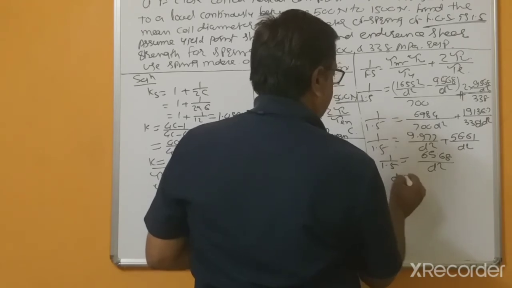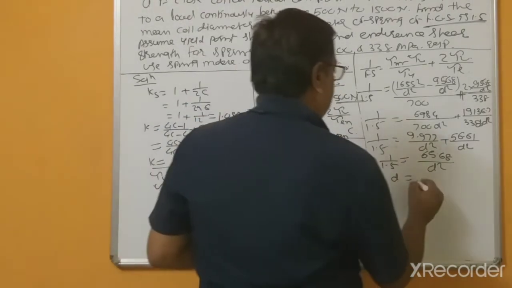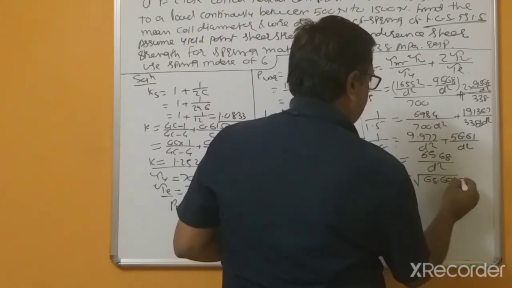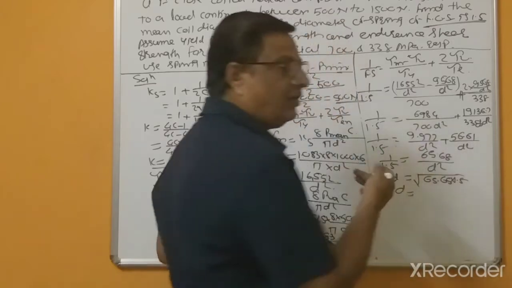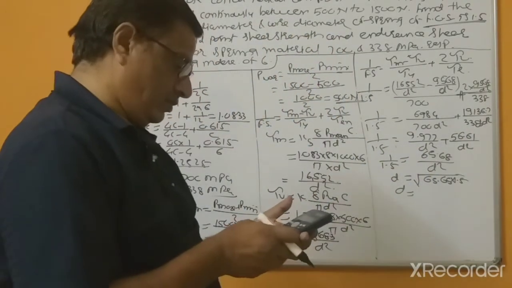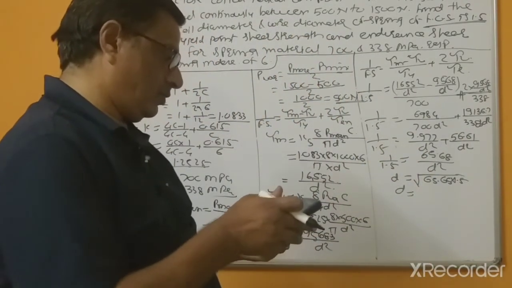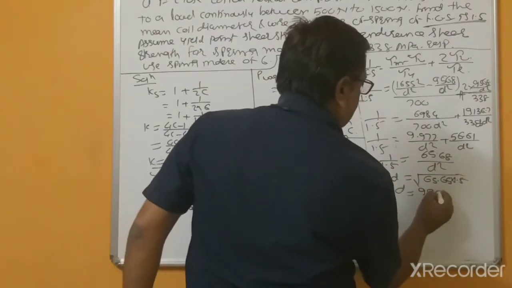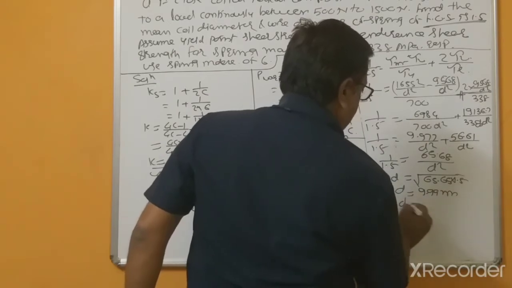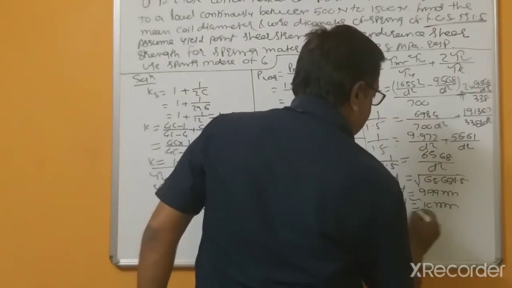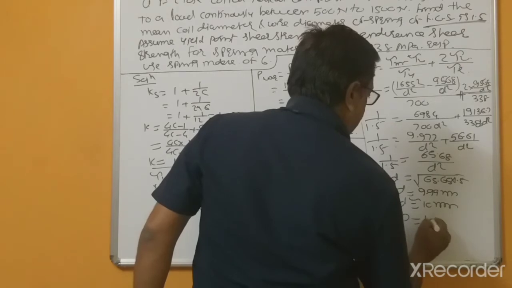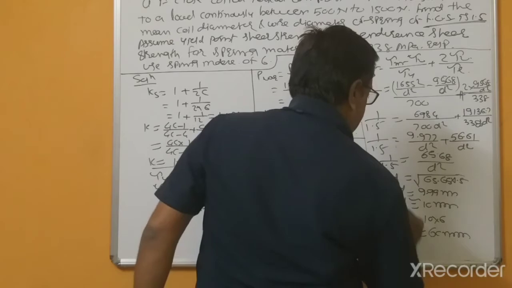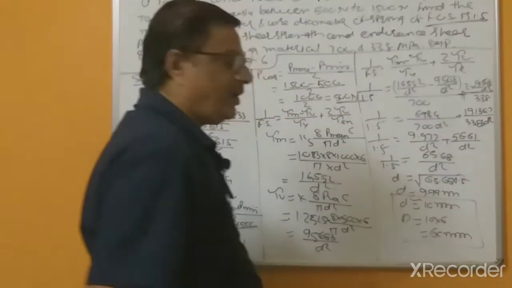Now cross multiplication, d under root 60.68 multiplied by, is approximately, we will get 10 mm. Right. So this is 9.99 mm, means d equal to 10 mm, and capital D equal to 10 into 6, 60 mm. So this is your required answer.